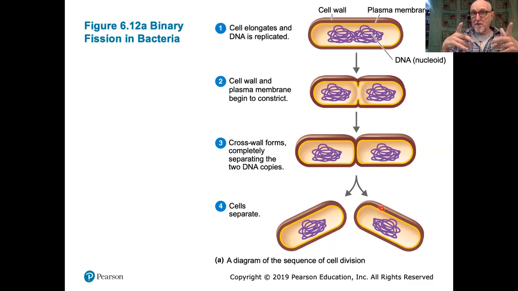They can divide like this. So what we need to realize is that in that period of time, let's give them, say, 20 minutes, they double their population. Because under ideal conditions, every cell divides. And so every 20 minutes, you double your population.